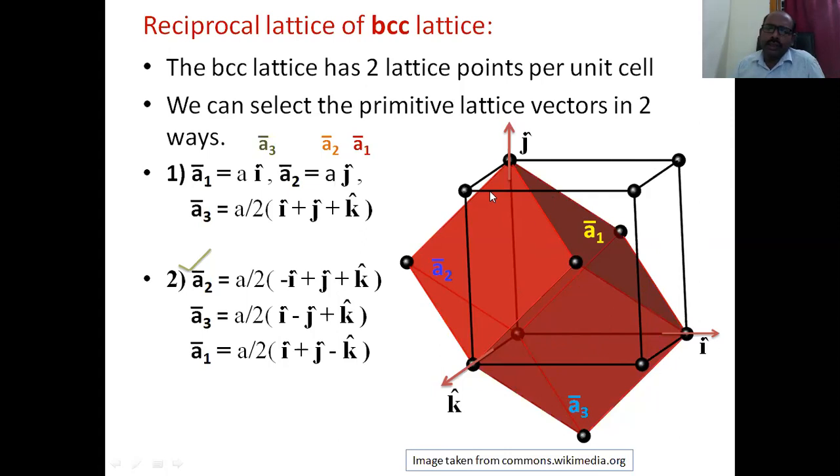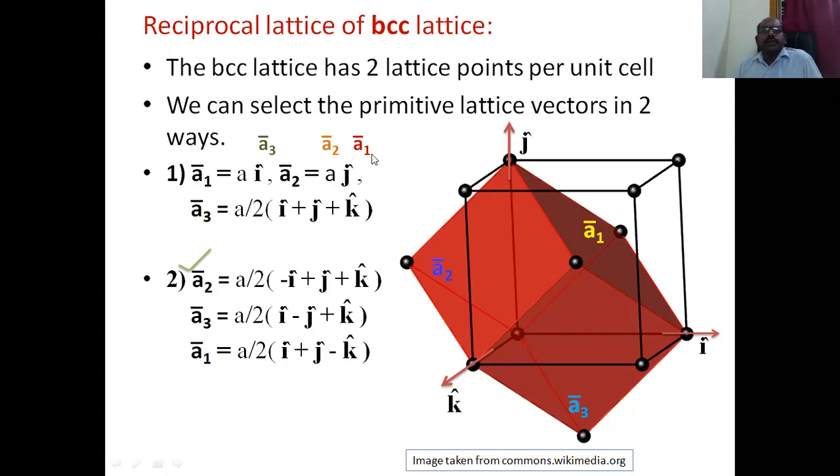Among the 12 edges, three edges are shown in red color, and all others are in black. So okay, no problem. The BCC lattice has two lattice points per unit cell. We can select two primitive lattice vectors in two ways.